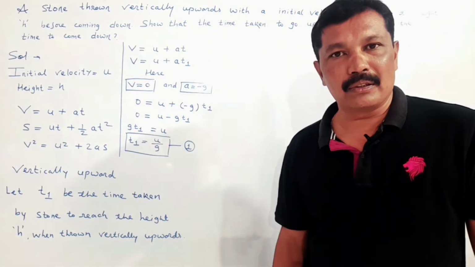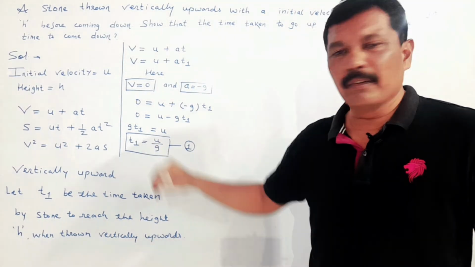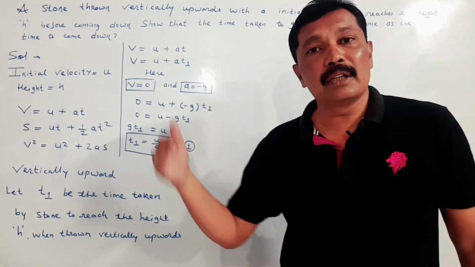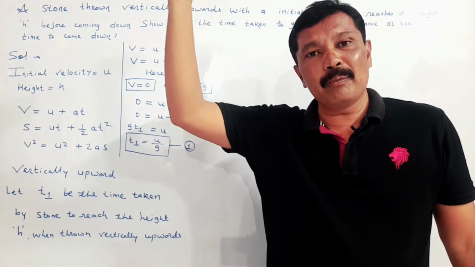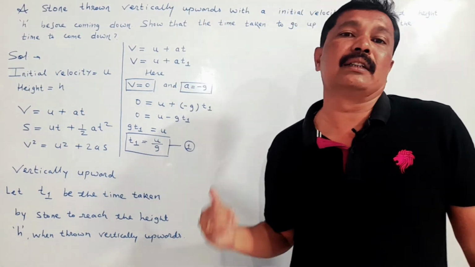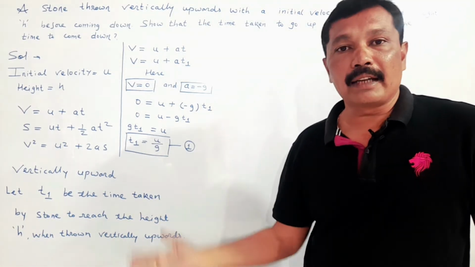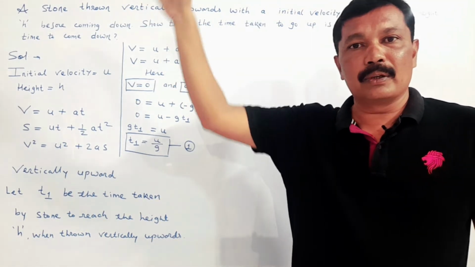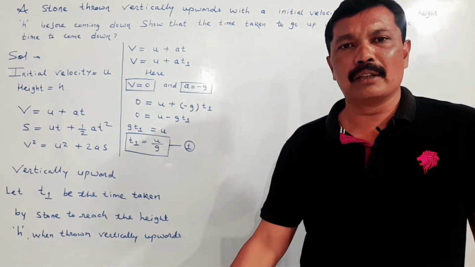We have found out. What we have to prove? That this T1 will be equal to the time taken by the stone to fall from that particular height to the surface of the ground. So the time taken upward to attain certain height, from that height the time taken downwards will be equal.